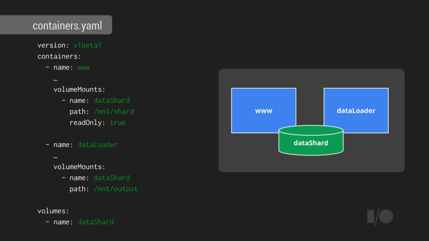Now, these containers have very different resource requirements and very different quality of service guarantees. Obviously, we want the searches that people do to be as fast as possible. And so we want to ensure that the web search container has high quality of service, very low latency. The data loader, on the other hand, is a background batch processing job. It's responsible for keeping the server up to date, and that's a very important function.